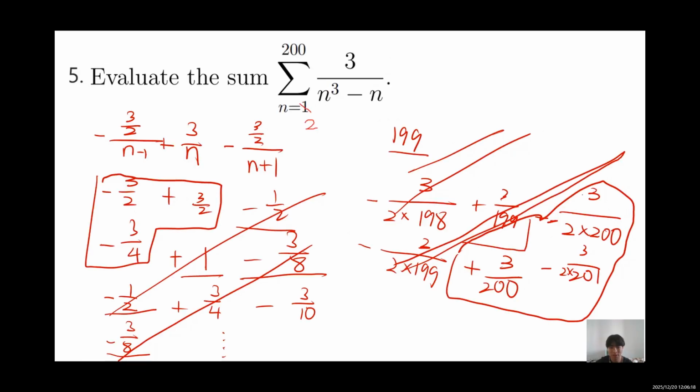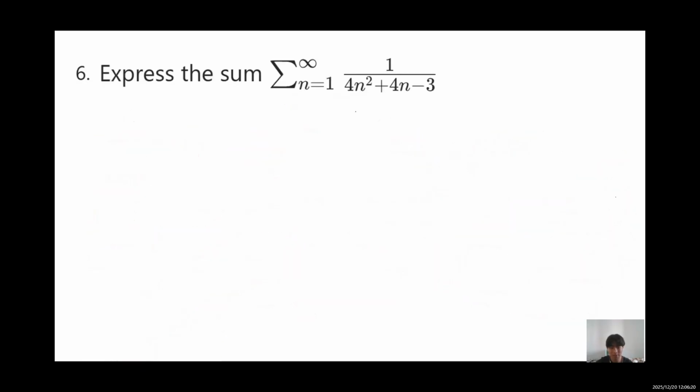After seeing this, I think this is not that hard, but let's check whether it's proper. It's 0, it's 2, 0 is less than 2, so it's proper. Next step, we need partial fractions. So we need to factor this first. It is 2n minus 1, 2n plus 3, 1 over it.